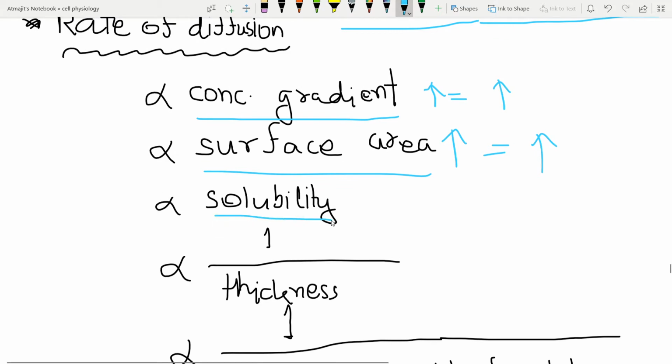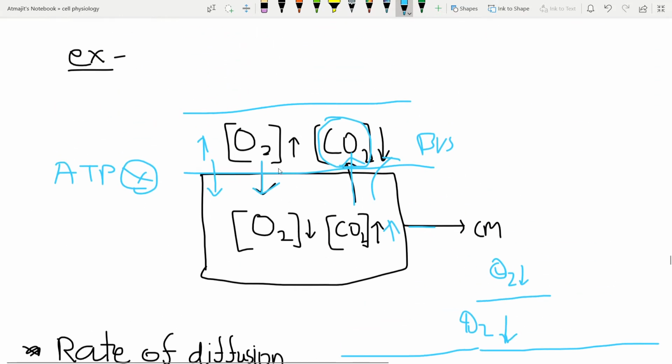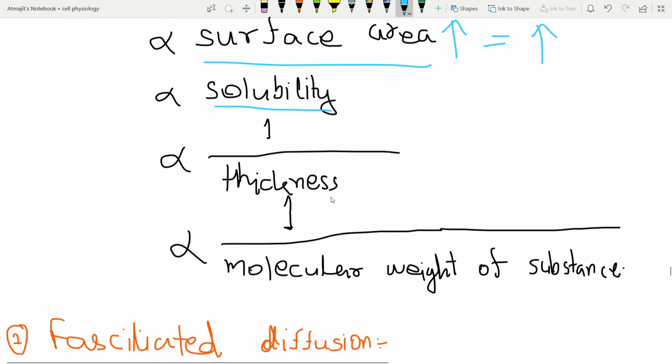It is directly proportional to solubility. If the solubility of oxygen in the blood is higher, then more oxygen can enter into the cell. If the solubility of carbon dioxide inside the cell is higher, then more carbon dioxide can be transported outside of the cell. And it is inversely proportional to thickness. If thickness increases, then diffusion decreases.